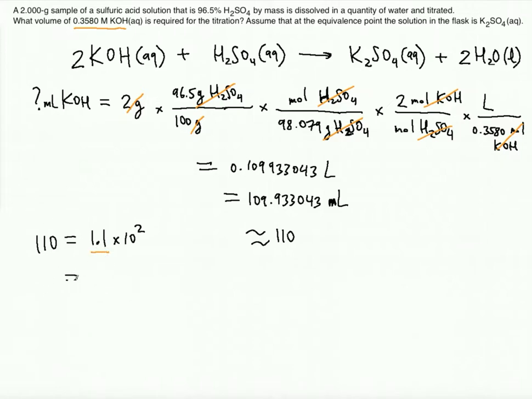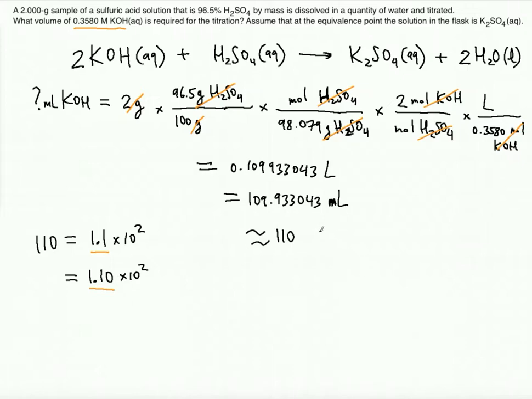But it can also be written as 1.10 times 10 to the 2, and this is the correct choice, because this is three significant figures, 1, 2, and 3. So whenever you have a 0 before the decimal point, you have to be careful and not write your answer this way, because this does not equate to three significant figures, even though your intuition tells you to round it to the nearest one.